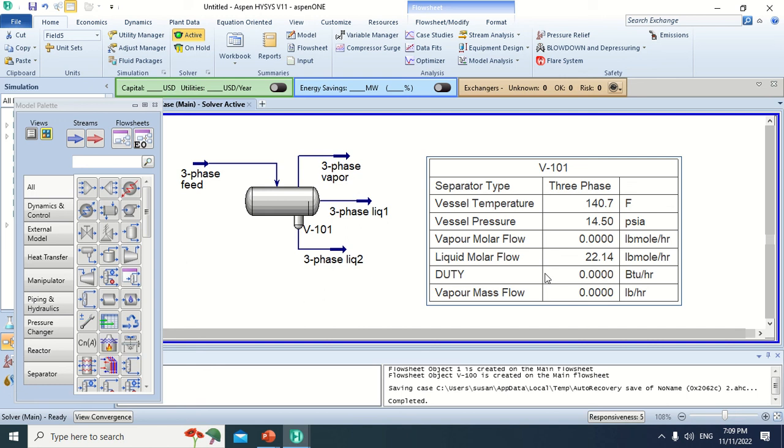And now I want to say something. If you're confused when you are working with HYSYS, you can get help from software. You can click on it. For example, you can click on it.